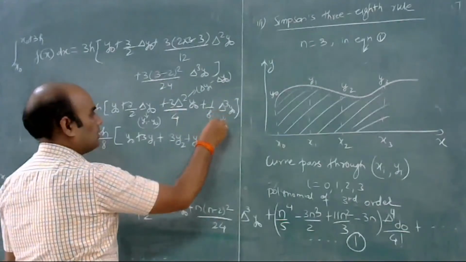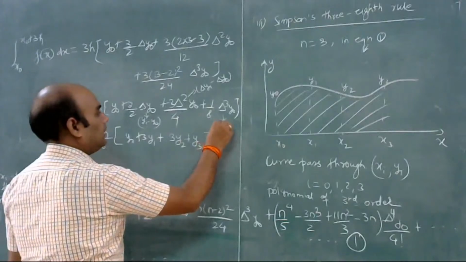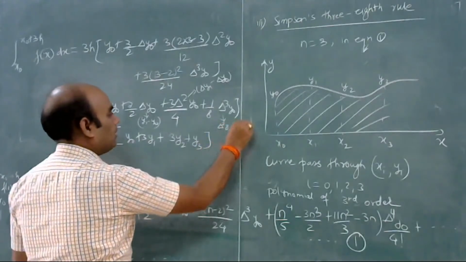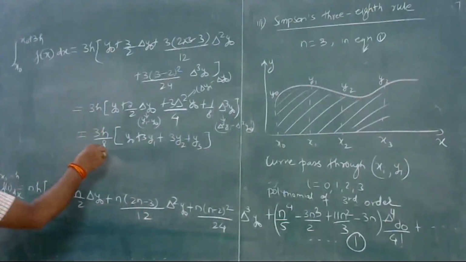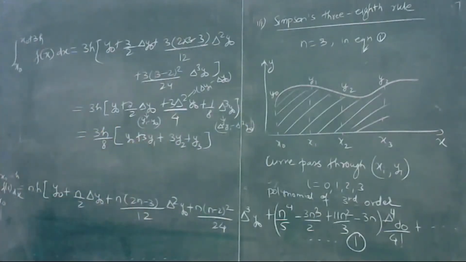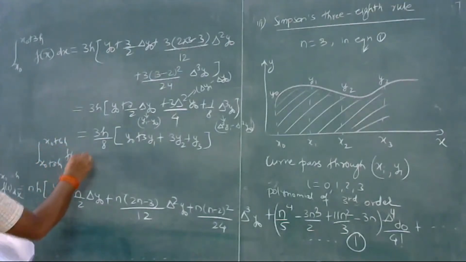So this is del square y1 minus del square y0. On solving this, you will get 3h upon 8 times y0 plus 3y1 plus 3y2 plus y3. Similarly, the next integral is from y0 plus 3h to y0 plus 6h of f of x dx.